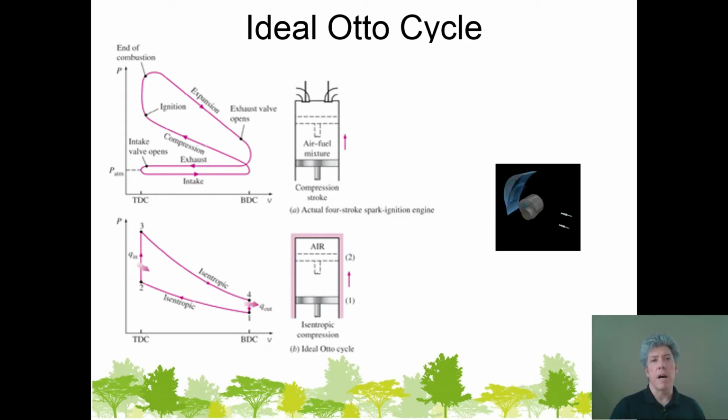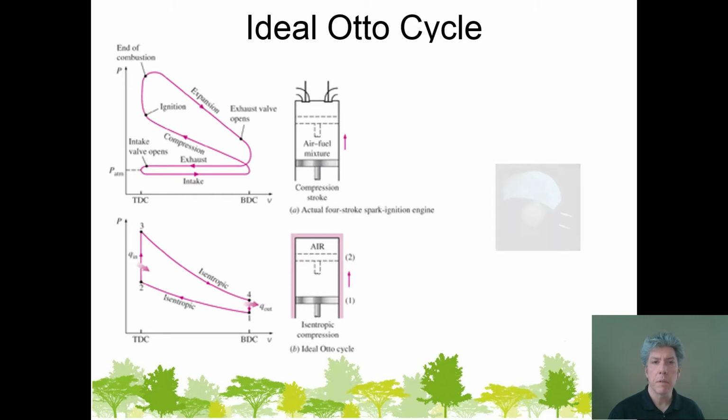Like I said, this Otto cycle will represent a rotary engine just as well as a piston cylinder engine, although any of you that have dealt with those engines know that there are significant differences between those 2 engines. But again, this is a crude enough model or a coarse enough model that it doesn't differentiate between the 2.